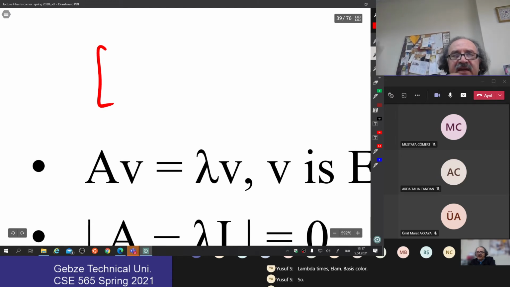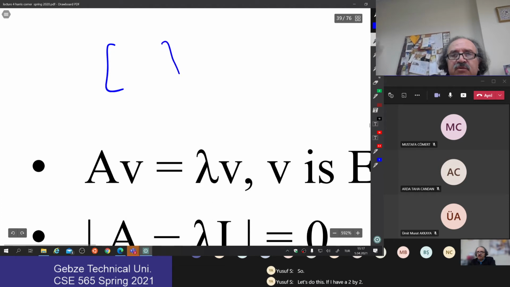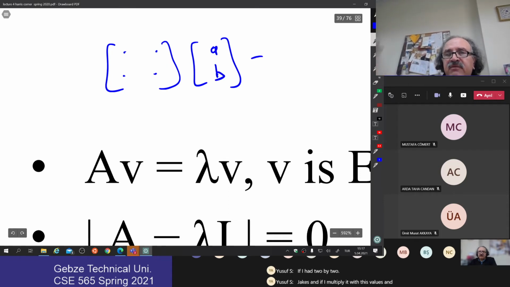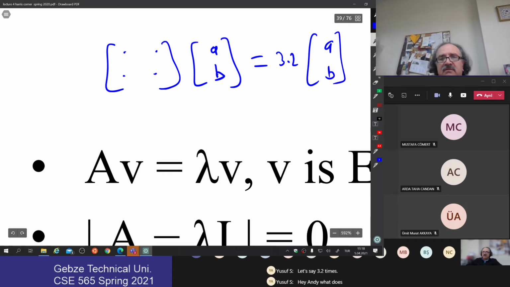If I have a 2 by 2 matrix, and if I multiply it with these values a and b, I would get, let's say, 3.2 times a and b. What does this tell you about this matrix?